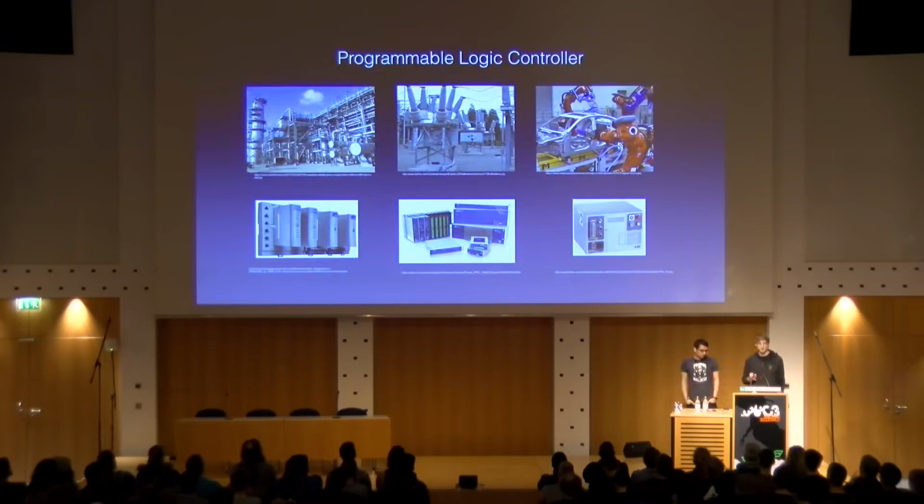Here we can see some applications of this kind of thing. For example, a chemical plant, an electric grid, or some manufacturing. All of those components are pretty critical to the workings. Either we see it in our everyday lives, or sometimes we don't really see it, but they are steering everything in the background.